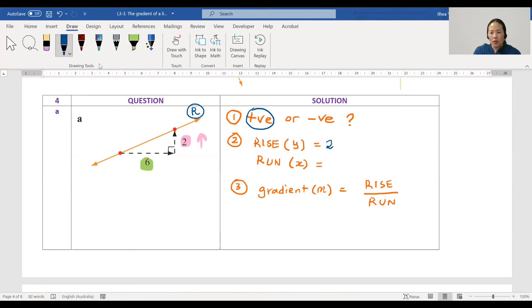Rise is 2, and it's just 2 because it's positive. And my run is 6. The gradient, little m, is rise over run. So therefore, my gradient is 2 over 6. And this one can be simplified because the numerator and denominator are even numbers and they can be halved. Half of 2 is 1, half of 6 is 3. Simplified gradient is 1 over 3.